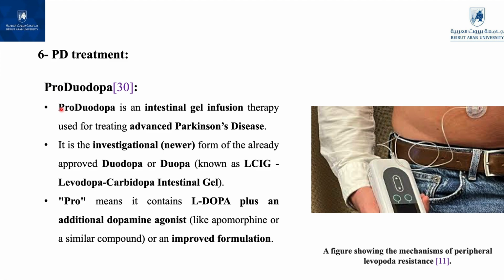Here you can see the Produodopa, which is given for patients in the advanced stages of Parkinson's disease. Here you can see a device which is connected by a tube to the patient's gut to continuously release the precursor of dopamine.